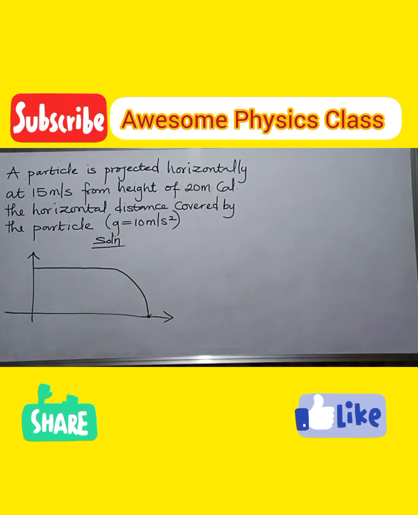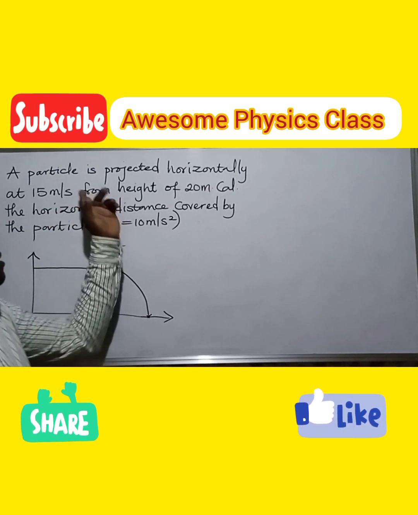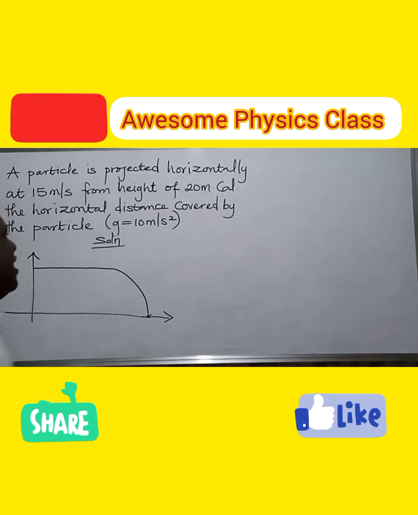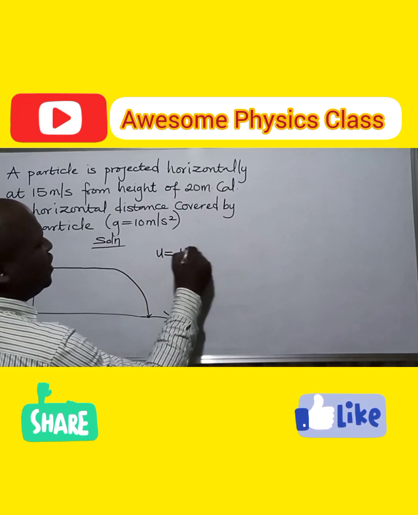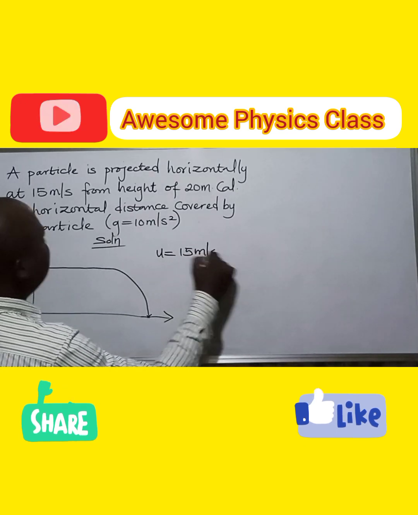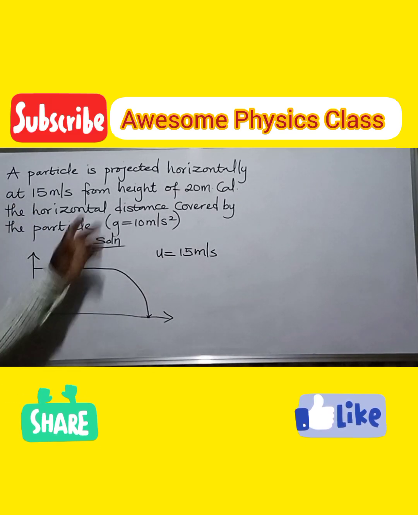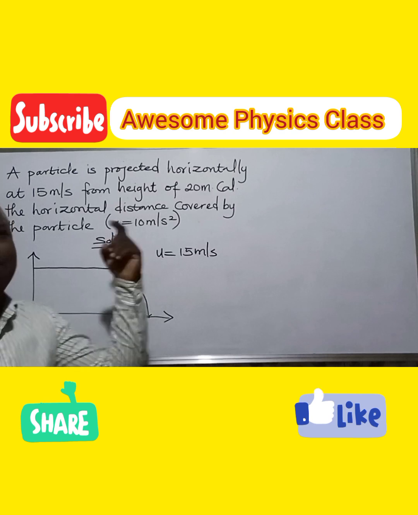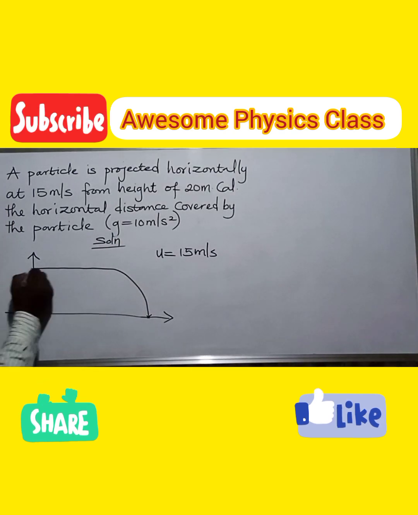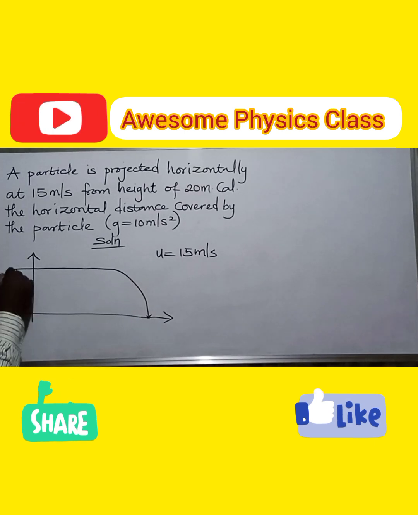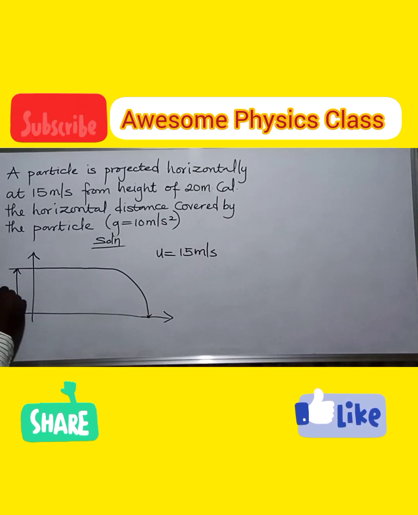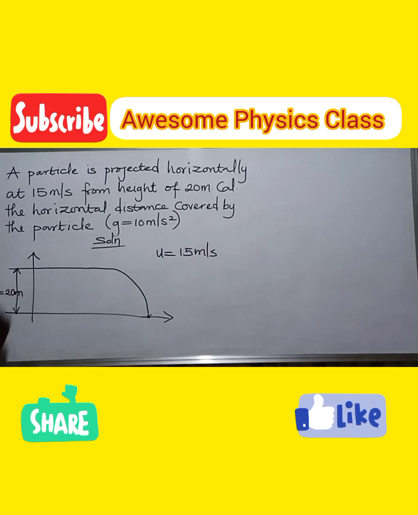Now, said at 15 meters per second, that means the initial velocity, the velocity is equal to 15 meters per second, from a height of 20 meters. We are given the vertical height, and the vertical height here is xy and is equal to 20 meters.